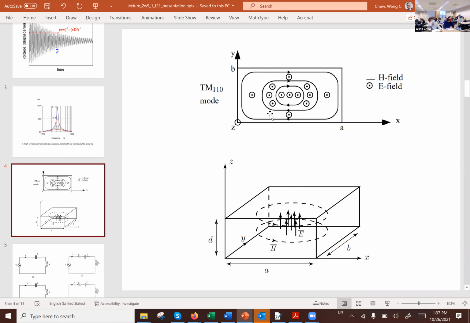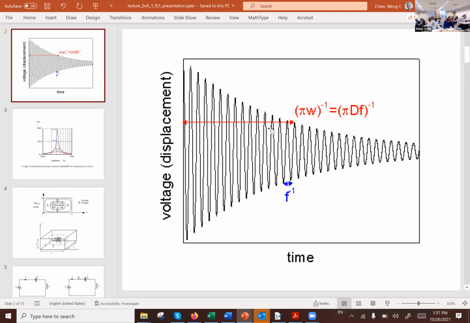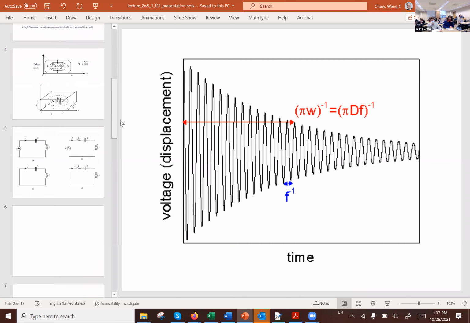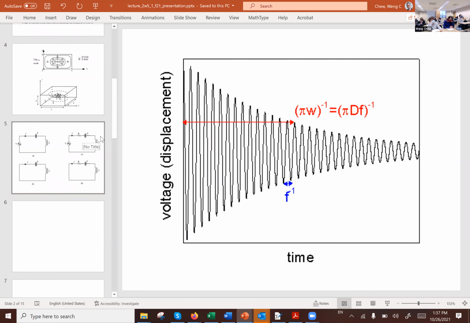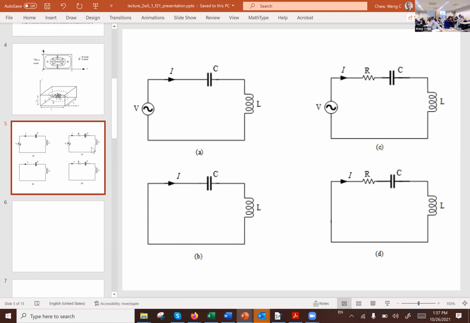And when the energy can dissipate, it will take energy from the cavity mode and make it decay, just like this picture over here. Okay. So I think the easiest way to understand the Q concept is actually to look at it from a circuit theory viewpoint.